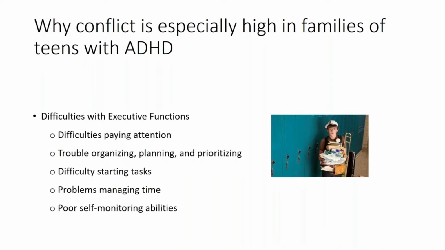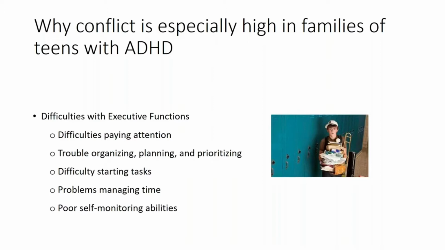This is a common enough source of conflict, but this is also what often leads to conflict over teens not doing what parents have asked of them, either because they had difficulty initially paying attention, or because of this poor self-monitoring and poor working memory, that if you've asked them to do a couple things, they might have forgotten what they were supposed to do.